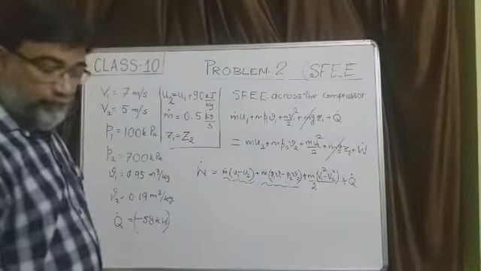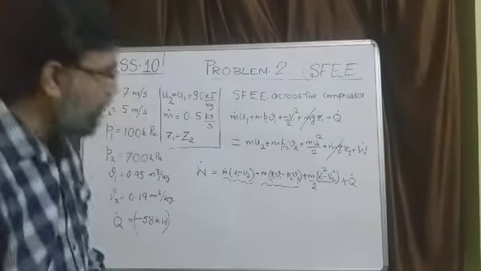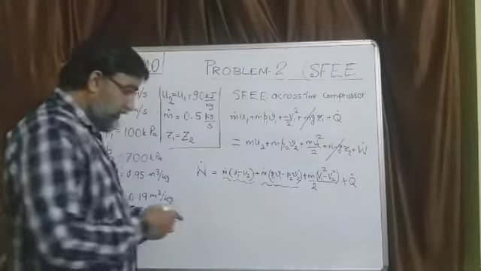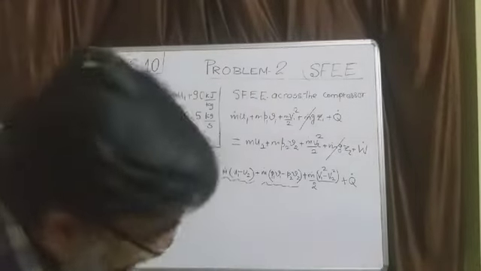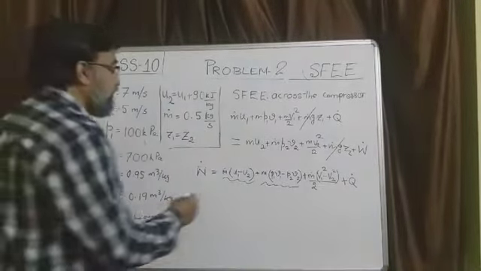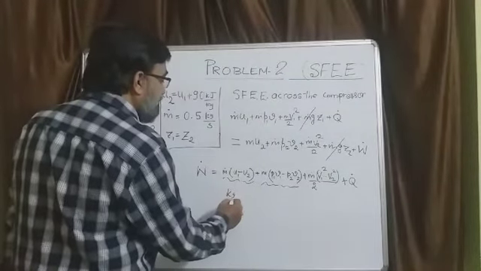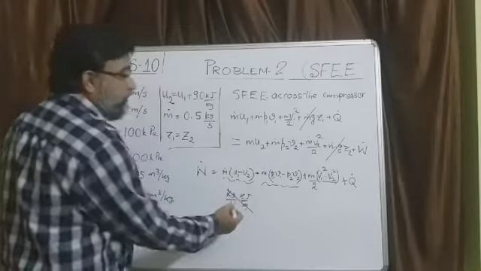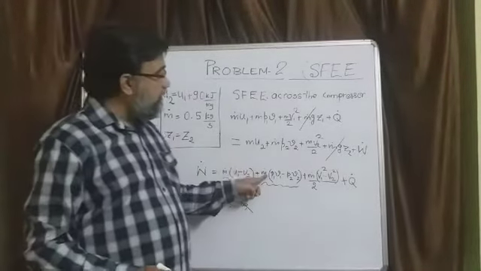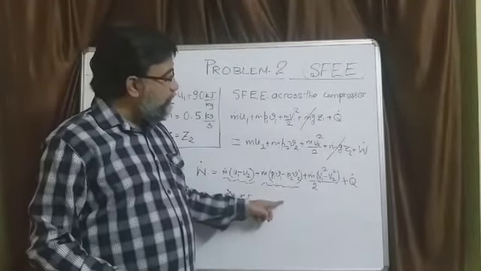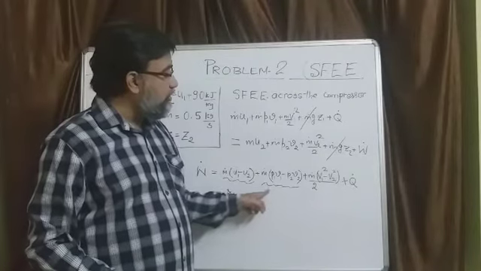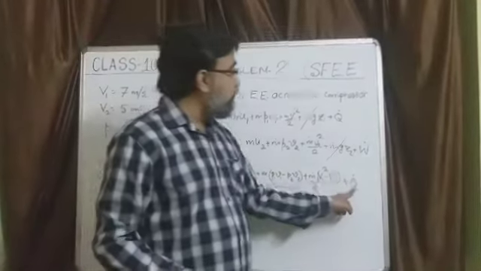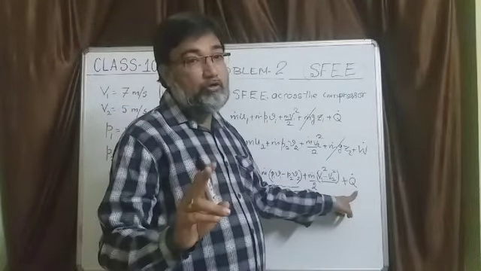Now if you look at the units of each term, m dot is in kg per second, and u1, u2 are in kilojoules per kg, so you get kilojoules per second. Similarly here, kg per second, kilonewton per meter square, and meter cube per kg, so you get kilojoules per second. Here also it will be in kilowatt, so kilojoules per second.